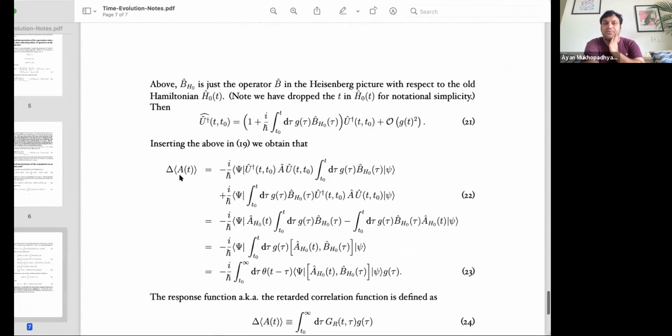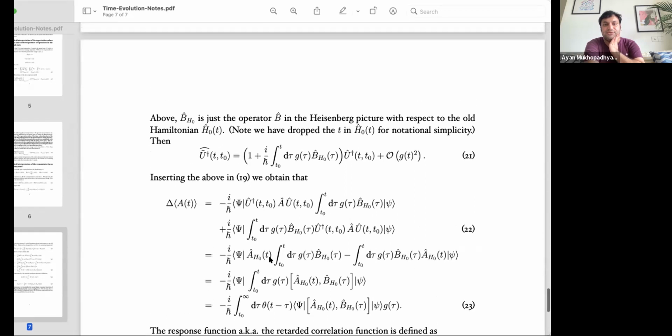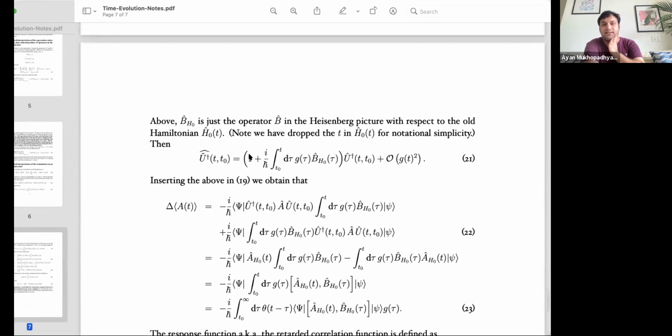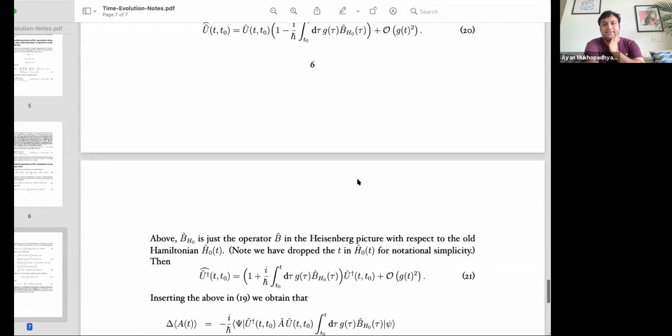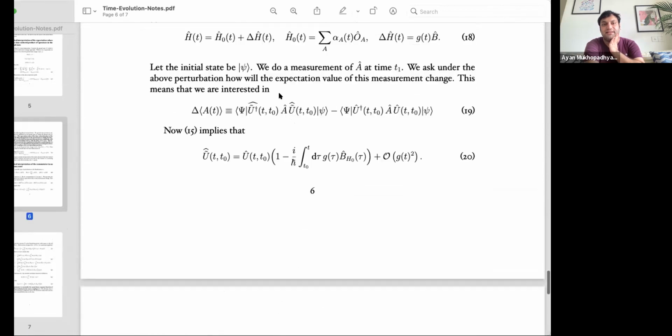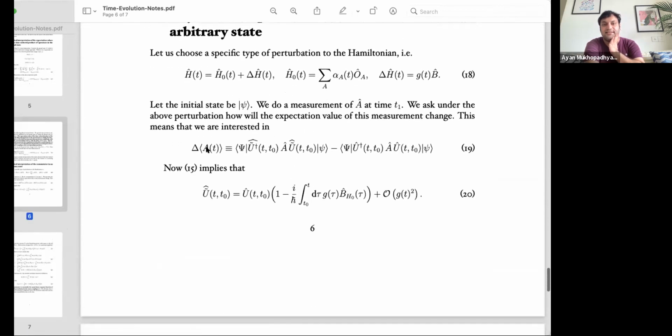And now what I want to compute is delta A of T. So I need to compute this object. Basically I need to cancel out this 1, because if I just take the 1, it will give me simply the expectation value of A of T. But I'm interested in the change, so I just want to subtract this out.